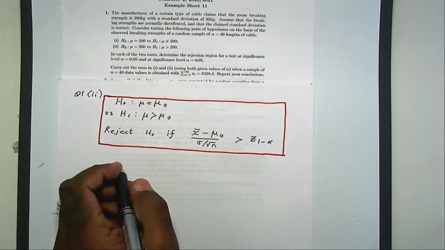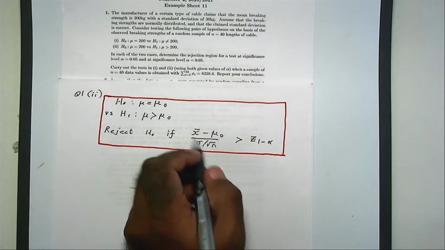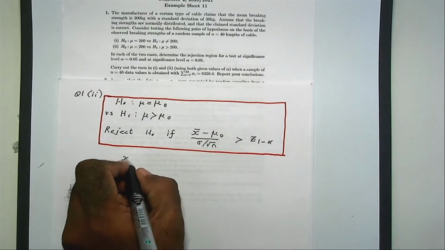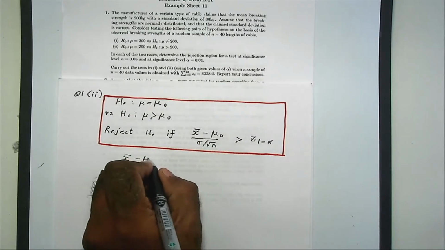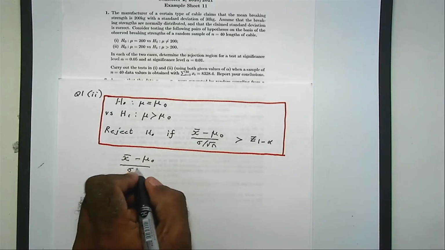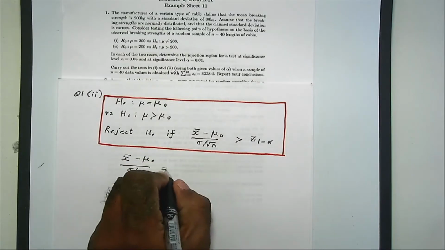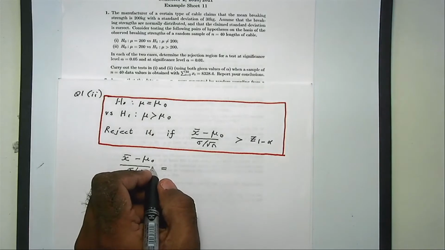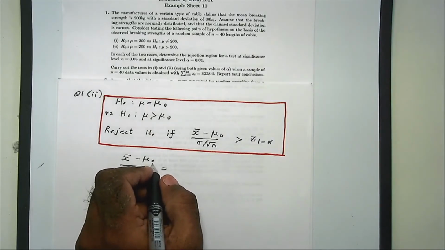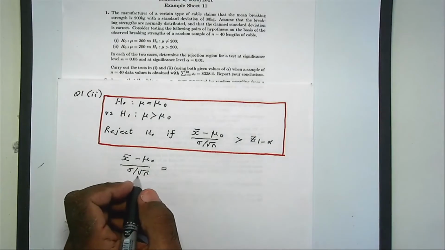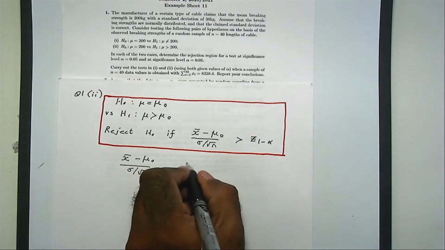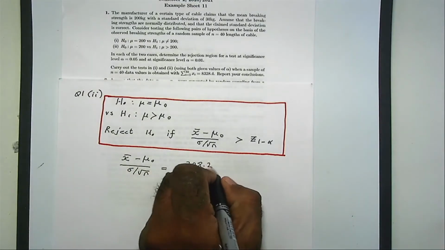Okay, now let's try to work this out first. X bar minus mu 0 divided by sigma over root n. We know what X bar is. X bar we have worked out before is 208.21.